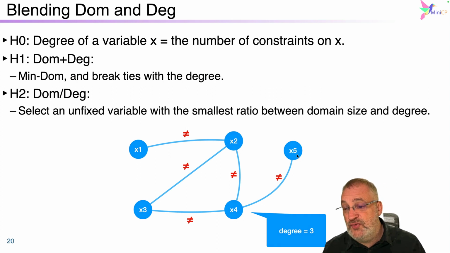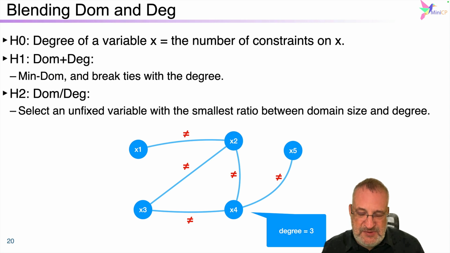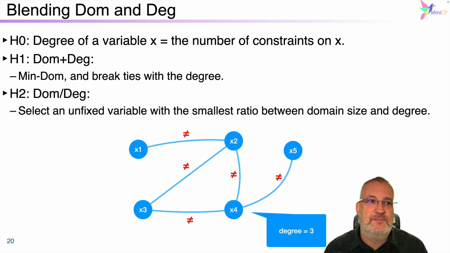Whereas if you were to fix, say, only x5 to 1, the value 1 would disappear from x4, but when this happens, it doesn't allow you to necessarily draw inferences on the two other variables, and the propagation stops there. So try to promote propagation by fixing variables that have a high degree. That's the basic idea behind h0.